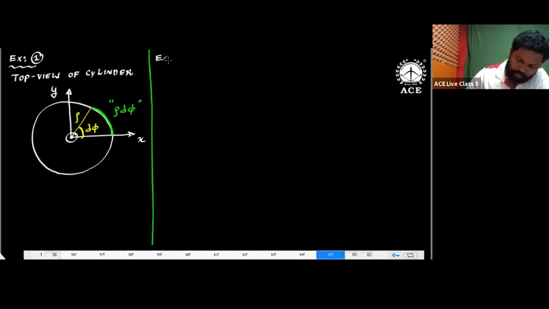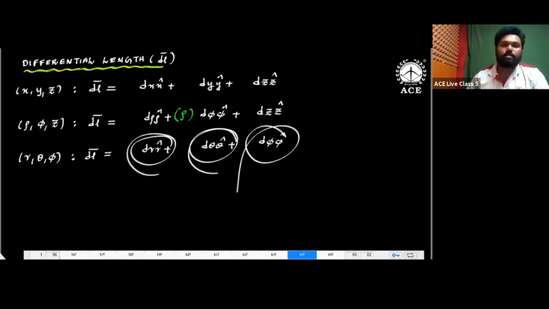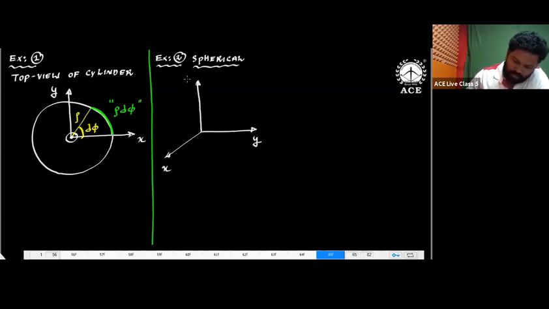Example number 2 beta, for the spherical coordinate system. Let me go back. Here there is a distance, this is an angle, this is also an angle. Here it is x axis, here it is y axis, here it is z axis.